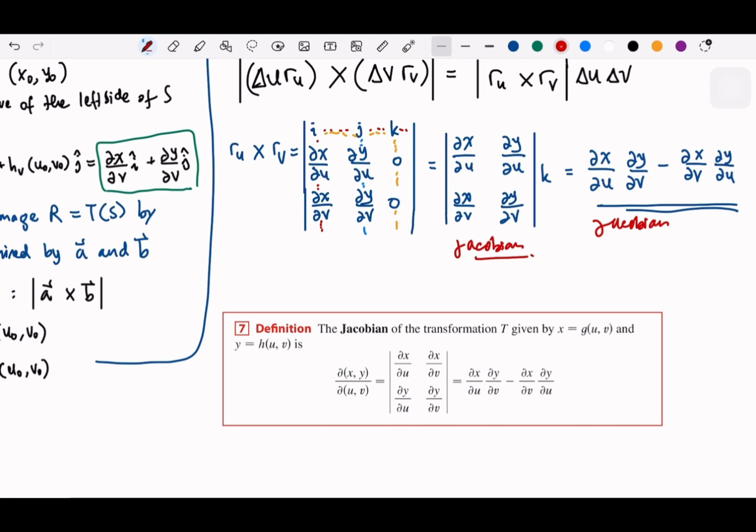For example, like the one that I showed you at the beginning, which is not really easy to follow geometrically, but you can transform that into a rectangle, which is very easy to follow, easy to draw, easy to calculate. So you could transform that, calculate the area, and you need to multiply with the Jacobian value to make it equal. Okay. So that's how.